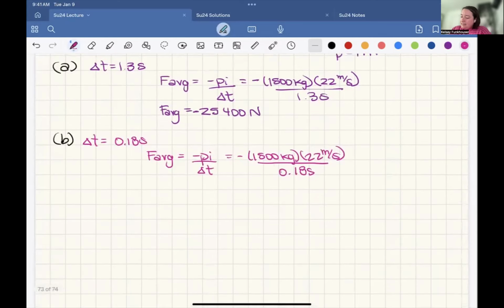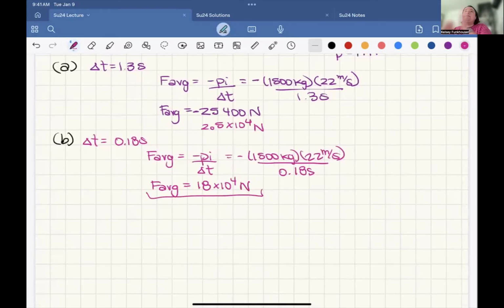So this gives us an average force of 18 times 10 to the 4 newtons. So this one is like 2.5 times 10 to the 4. So this is a lot bigger of a force.